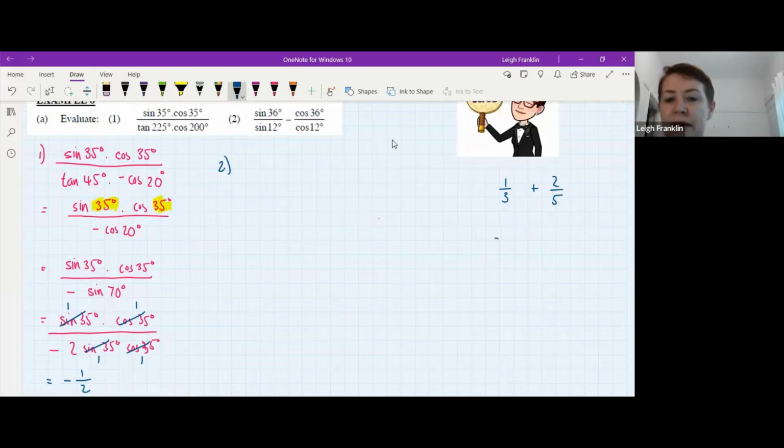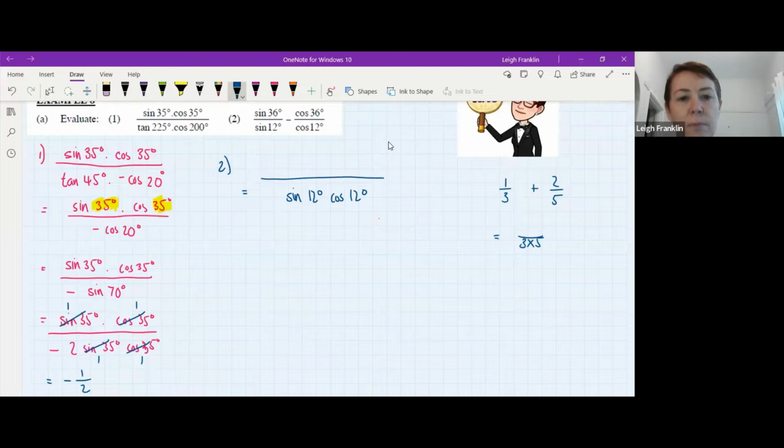You'd say we need a lowest common denominator. I'm going to multiply 3 and 5 together. It's the same story here. We're going to have to multiply together sine 12 and cos 12 in order to get our LCD. So our LCD is sine 12 cos 12.